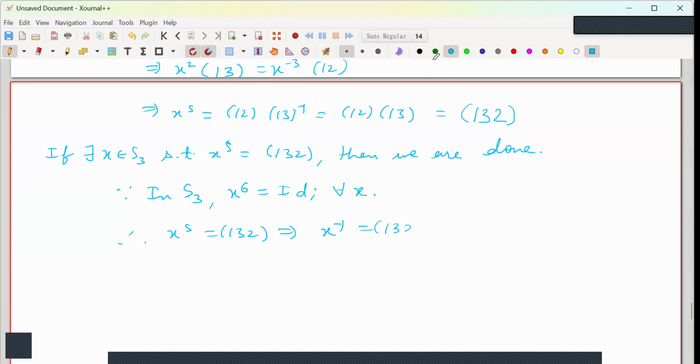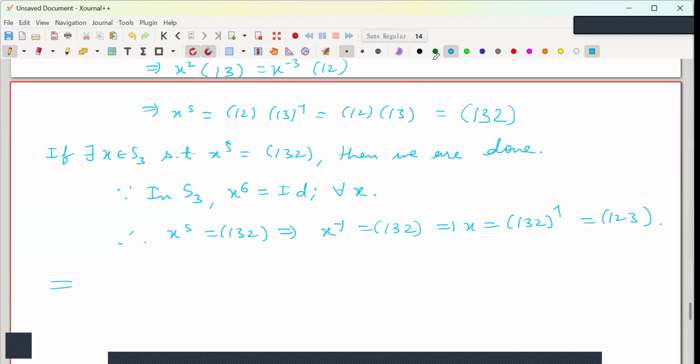In S3, x5 just means x inverse because x6 is anyway identity. So x is just the inverse of 132, right? So x is just 132 inverse, which means 123, right?